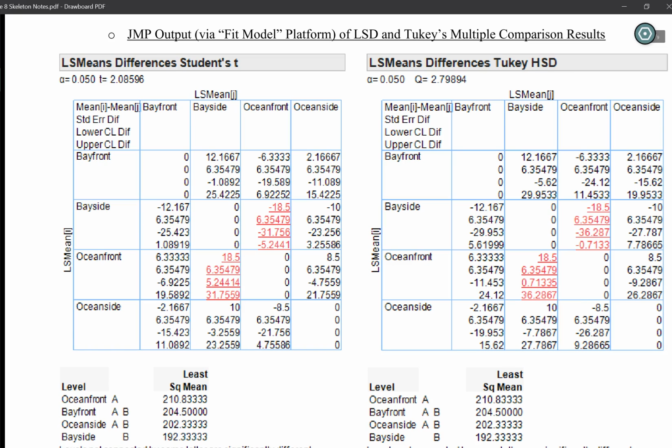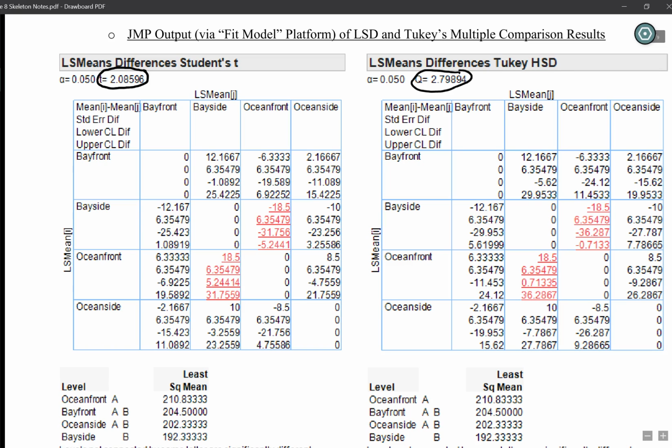Now you can see what JMP has done for us. It went ahead and computed the least significant difference there, the t value there, and then it also computed the Tukey difference here of 2.7 that it needed there.